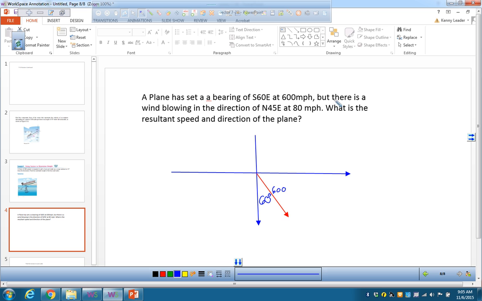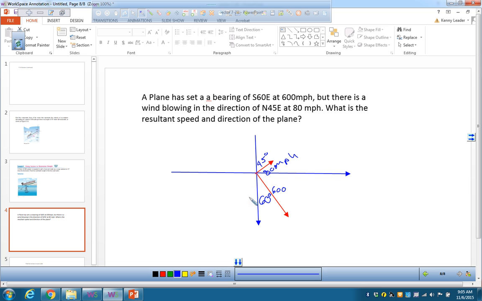It says there is a wind blowing in the direction north, 45 degrees east, at 80 miles per hour. So that would be kind of like over here, where this is 45 degrees and this is 80 mph.